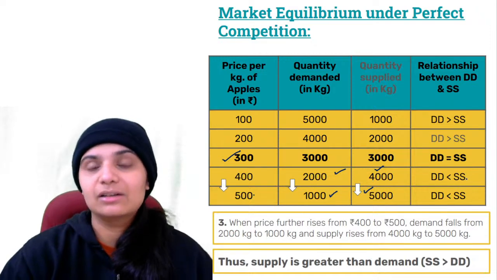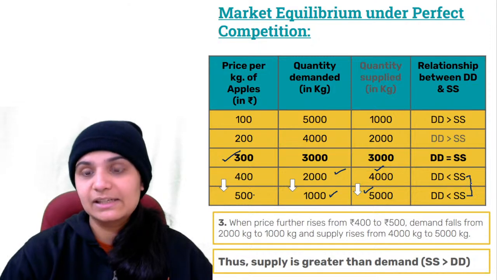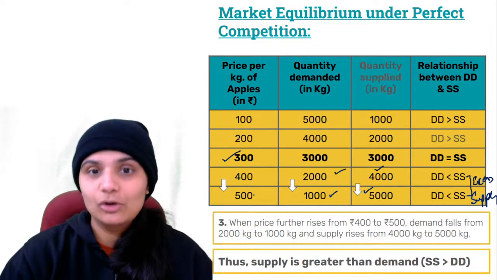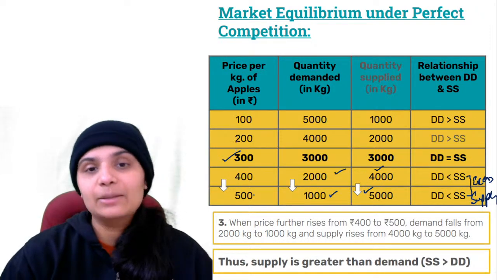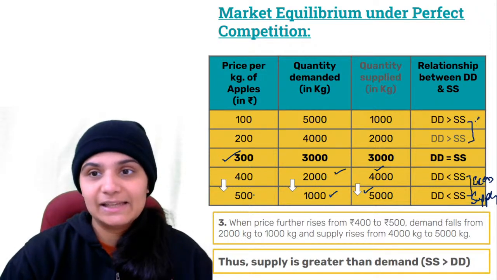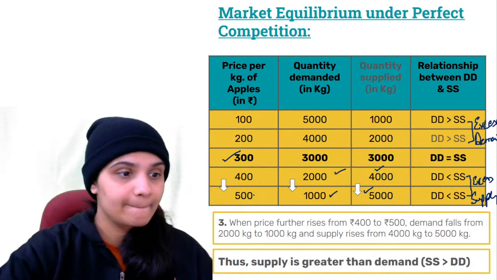Here is an excess supply. This is a scenario of excess supply. And if we go above it, where the price is less than the equilibrium price, then it is excess demand. Right?